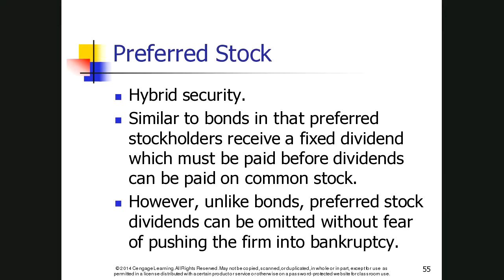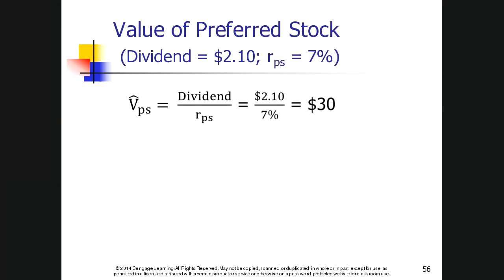And lastly, as we mentioned briefly before, preferred stock. Okay, so it's a hybrid security, similar to bonds, but not having the legal right to push into bankruptcy, so not as high a priority compared to bonds. And since it goes on forever, in that sense it's similar to stock dividends.